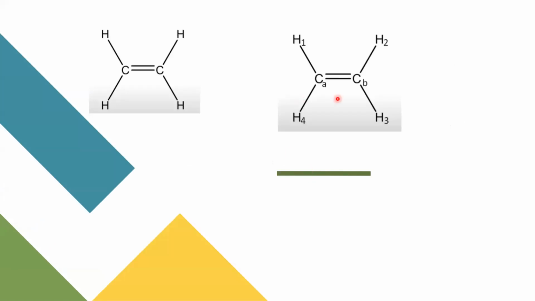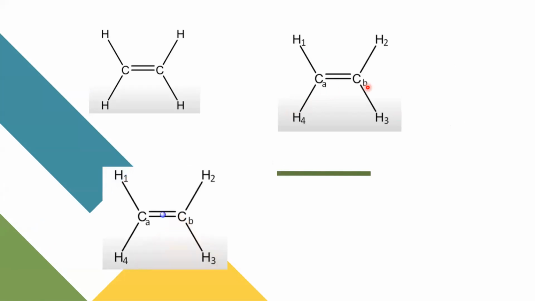Now here you label this as 1, 2, 3, 4 and come to carbons A and B, right? Now if you take the midpoint of the molecule, this is the midpoint, right? And if you draw a line from H1 to this midpoint, and if you extend that line, you will meet another hydrogen at the same distance, right?